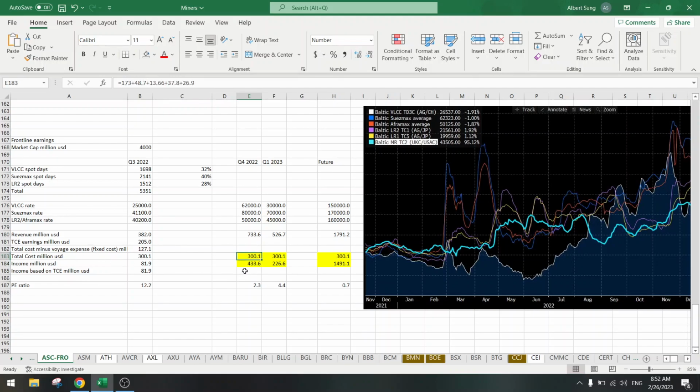So income is TCE minus the costs. Okay, so TCE minus the fixed cost. That's what I think should be the earnings.